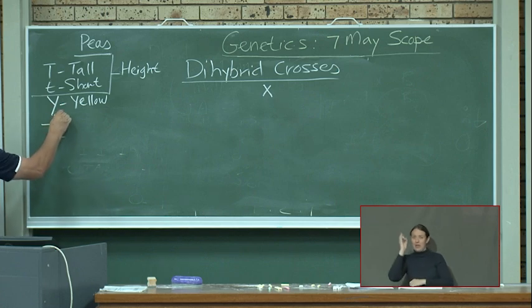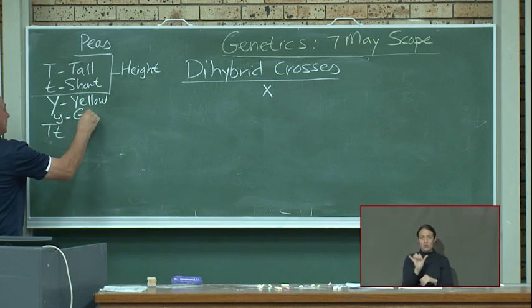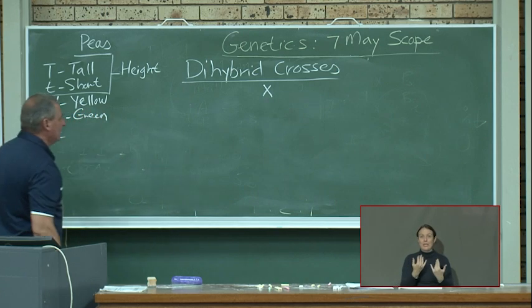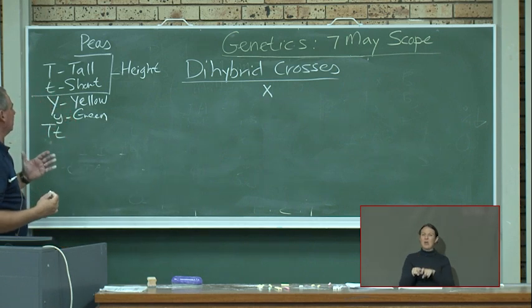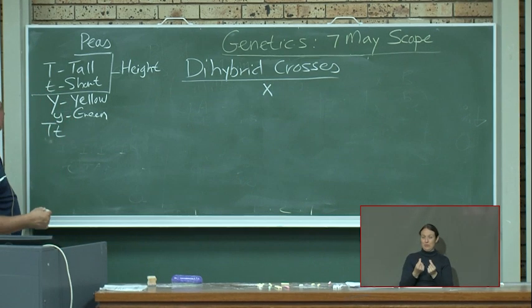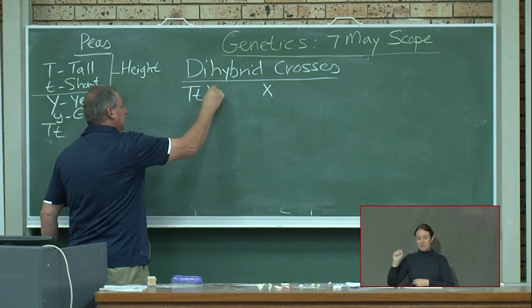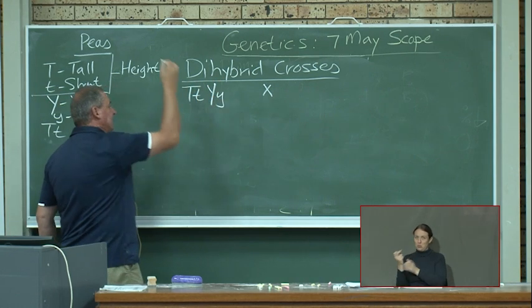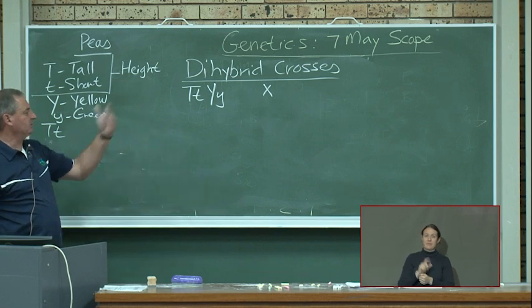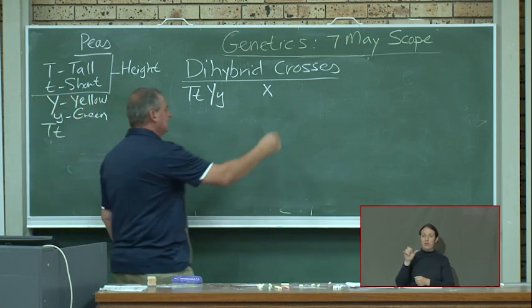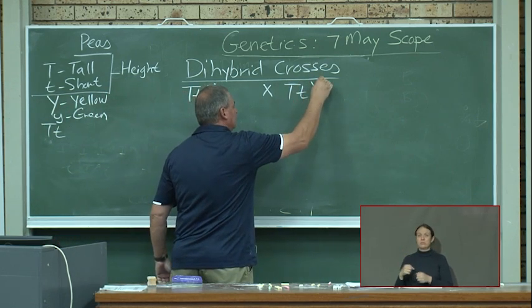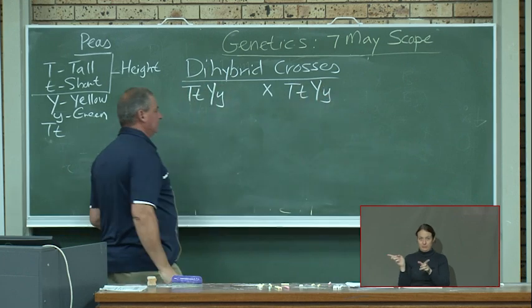And he says, let's use small y for green. Then he said, let's do a test. Let's cross 2 heterozygous individuals and see what happens. So he says for tallness, they're heterozygous, and for seed color, they're heterozygous. We put it together, no problem. And this side, the other parent, we do the same thing.